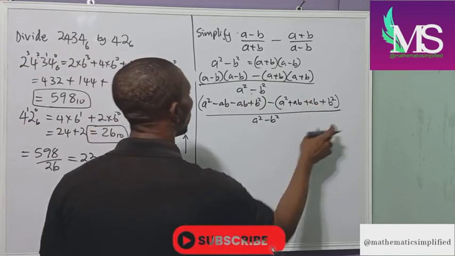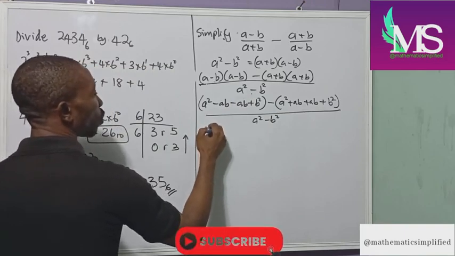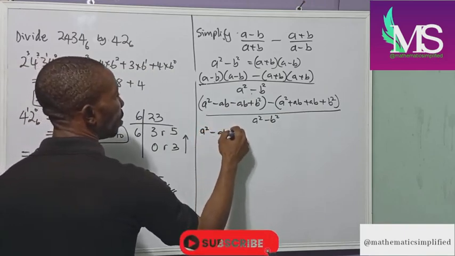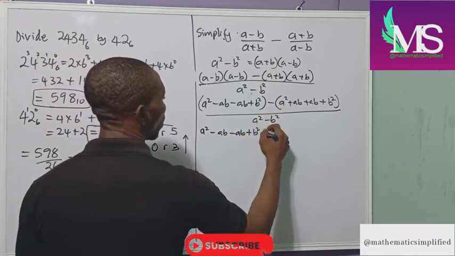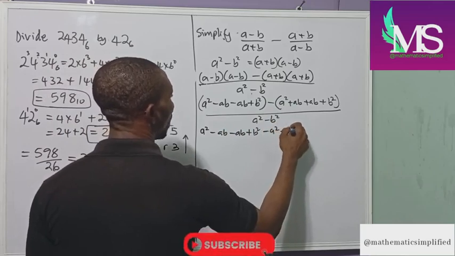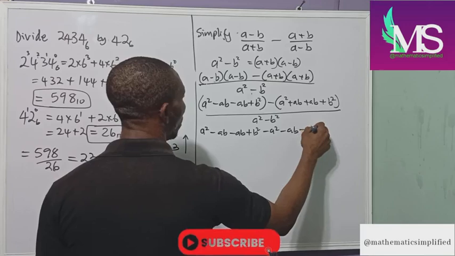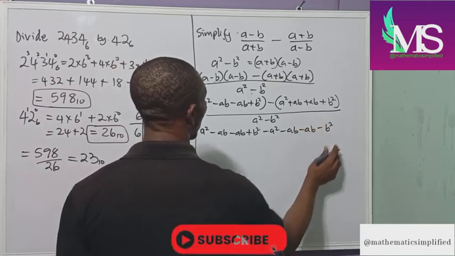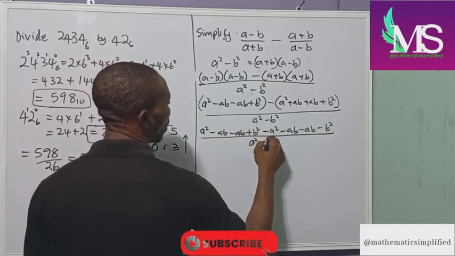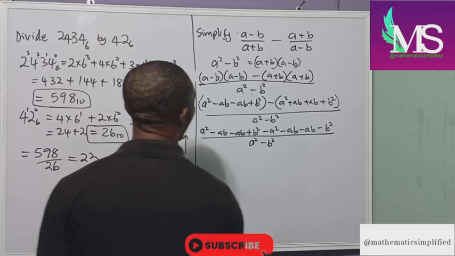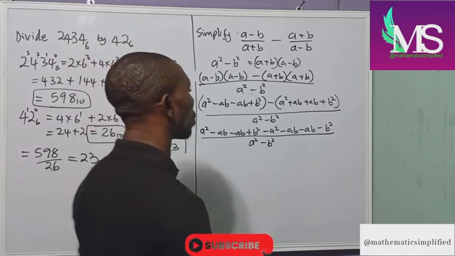Now, opening up this bracket, we have it as a squared minus ab plus b squared, minus times plus is minus, a squared minus ab minus b squared. Alright, divided by a squared minus b squared. Now, let's look for what can cancel out.